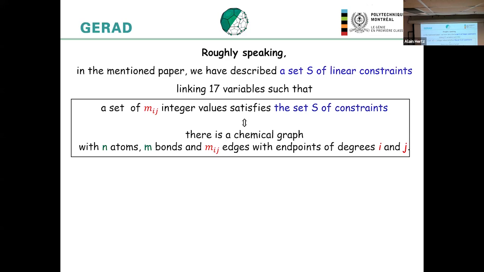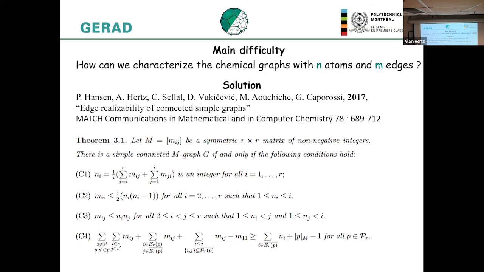So I don't understand. Is Mij one of those variables? Yes, this is my variable. So how come you are 17? Because to linearize some constraints, if I come back here, you have something that is a square.